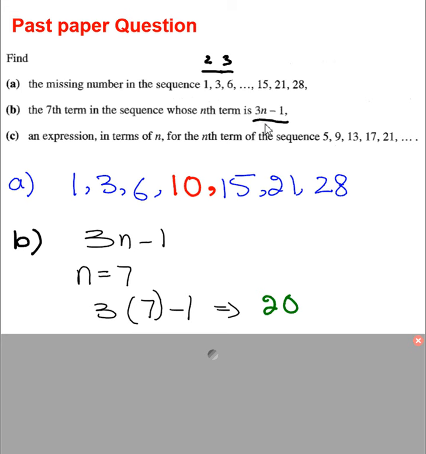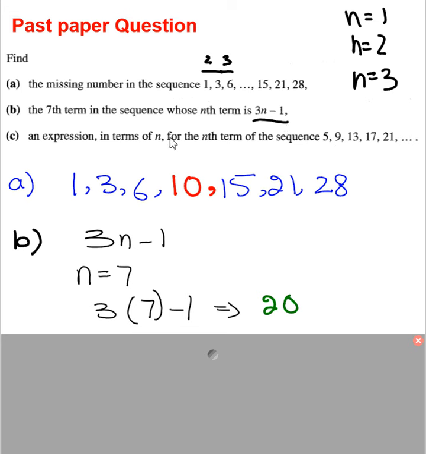By the way, in a few questions, the examiner says write down the first three numbers or first three terms of the sequence. Now if the question says first three terms, you will substitute n equals 1 in it, then n equals 2, and then n equals 3, right? If the question is asked differently, because it is asked in a few questions like that.